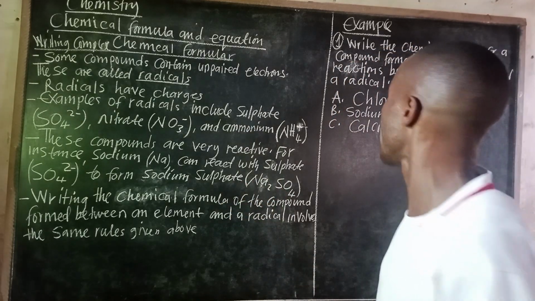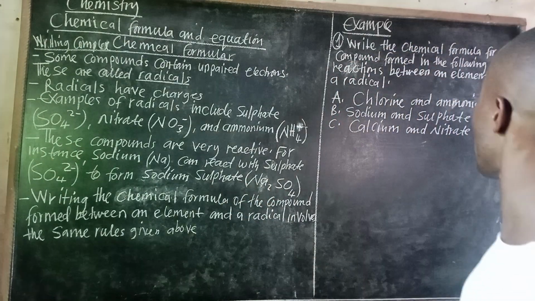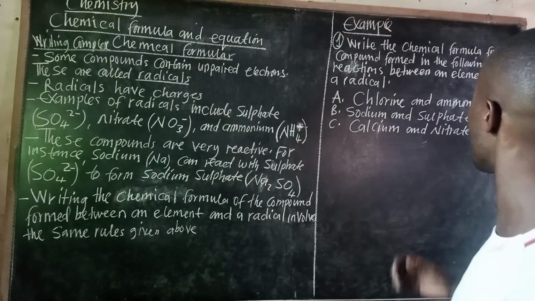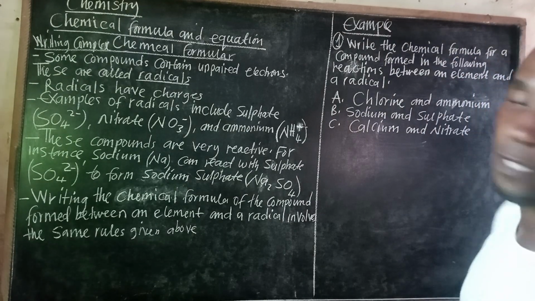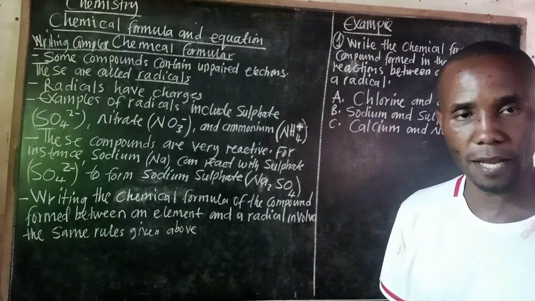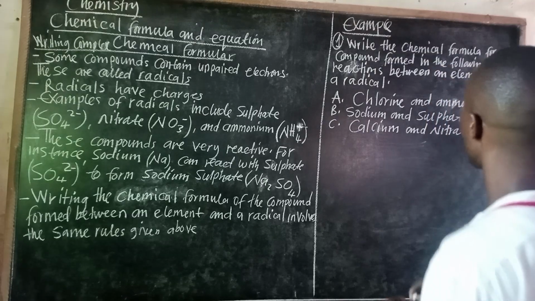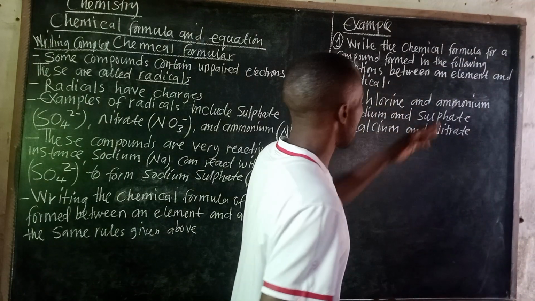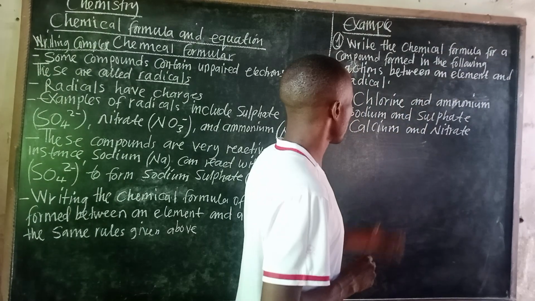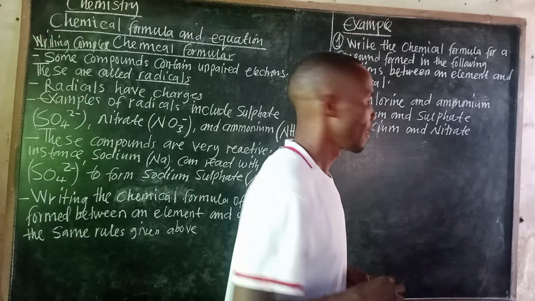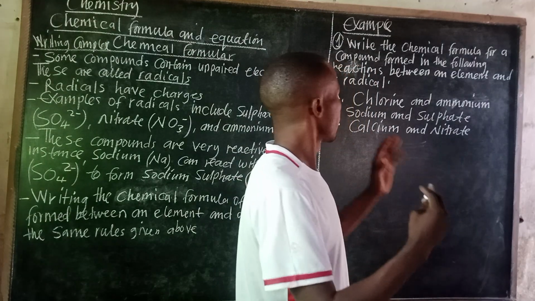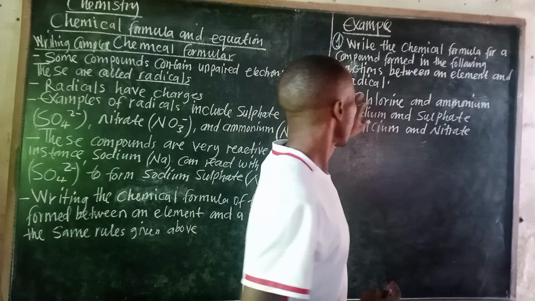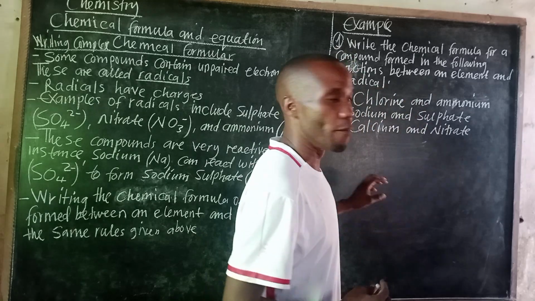So quickly, let us go to the examples that I've prepared. I've prepared about 3 questions that we are going to solve now. Can you pay attention? A: chlorine and ammonium. The first thing is to write the chemical symbols of the items mentioned.